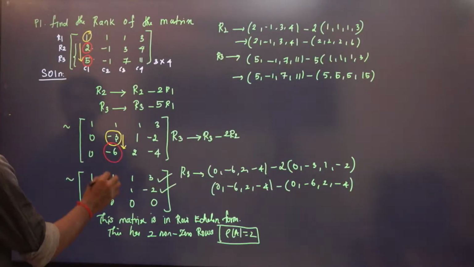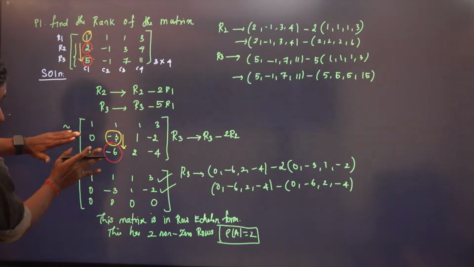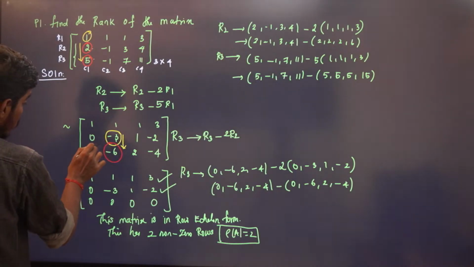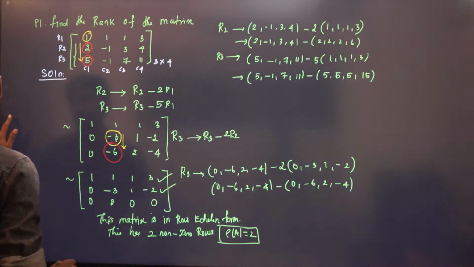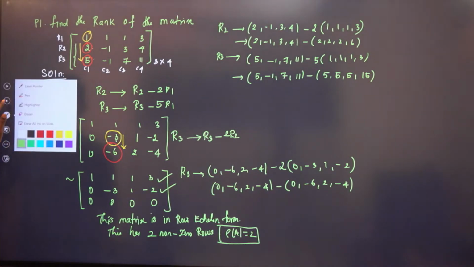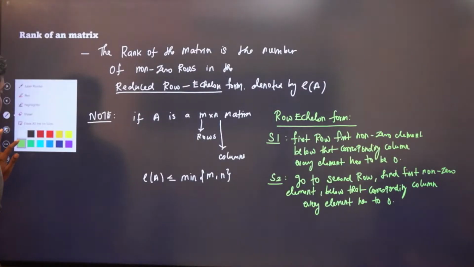Right? Now again you can see the second row. After this, you have to take this matrix. Second row, first non-zero element is this. Below this, everything has to be 0. Now you have to repeat this process, right? Go to the third row.